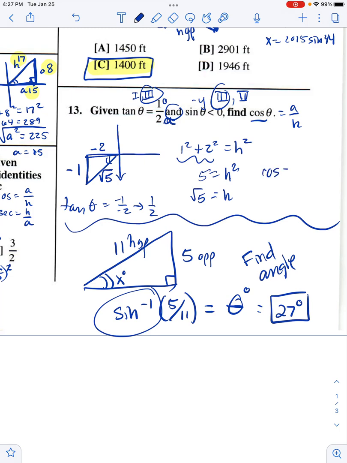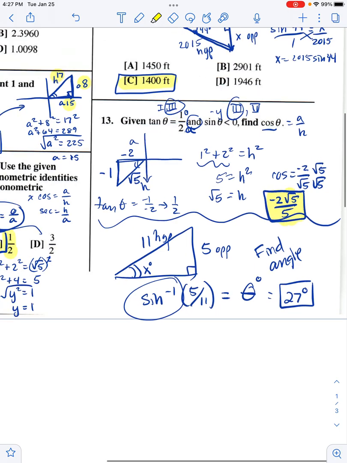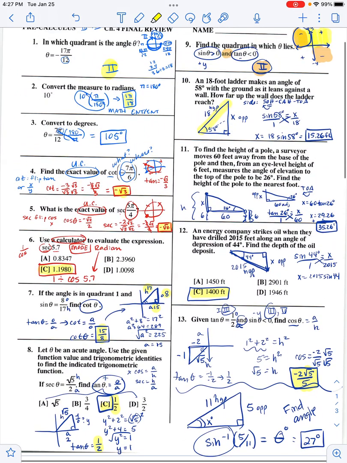So my cosine is going to be the adjacent side over the hypotenuse. So -2 over √5, but need to rationalize it. So my final answer is -2√5 over regular 5, and done. Boom. Grand finale of finals.